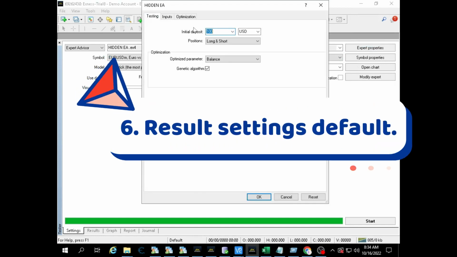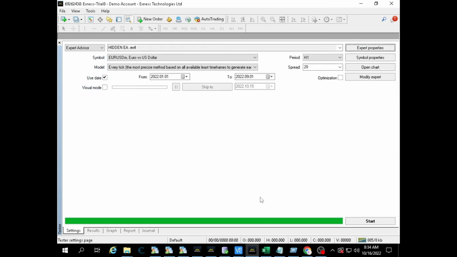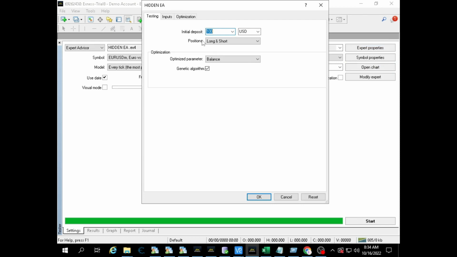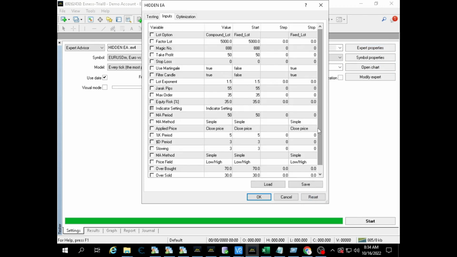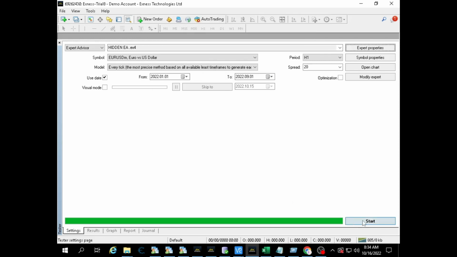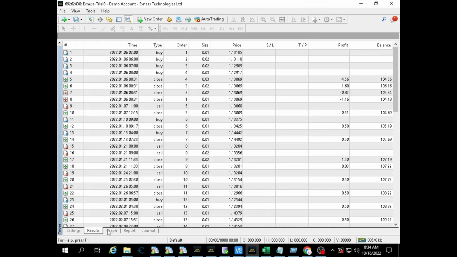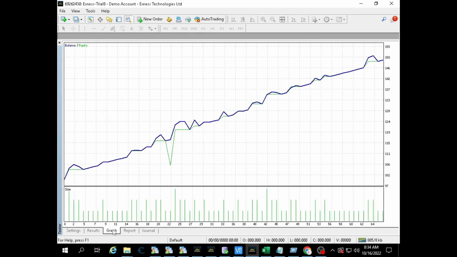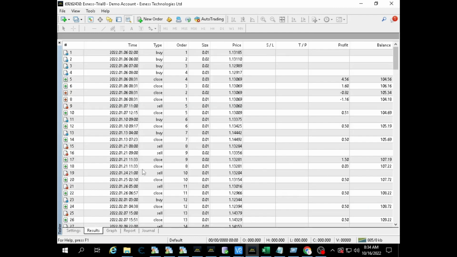6. Result of default settings. Next I will try a custom preset with a $100 deposit capital. I will try with the default preset. For the time period I tested from January 2022 to September 2022, with a time frame of H1 and a spread of 20.